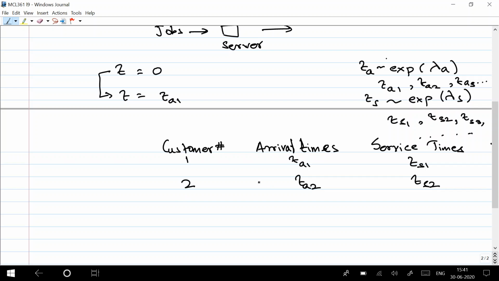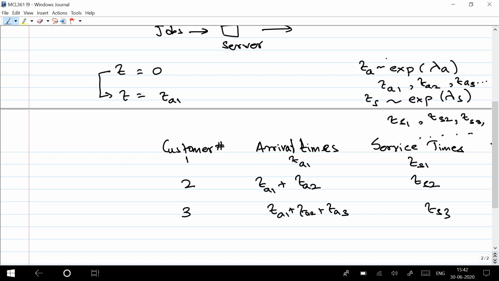Sorry, the arrival time is TA1 plus TA2. This is TA1 plus TA2 plus TA3. This is TS3 and so on. So first of all you create the list of arrival times, and of course you have the service times as well.